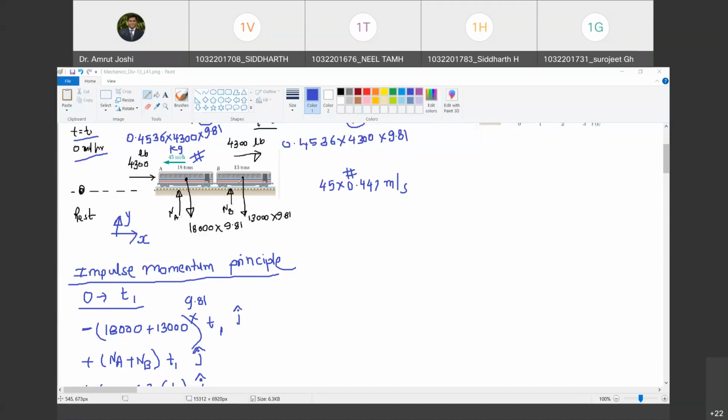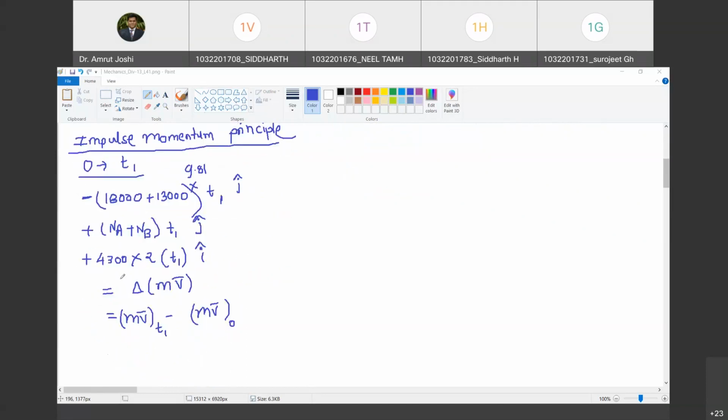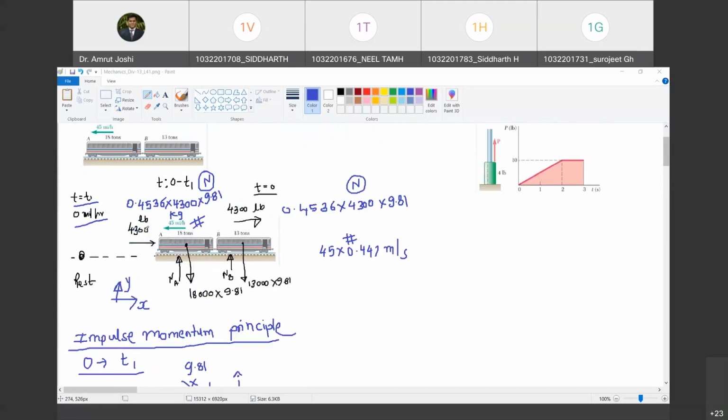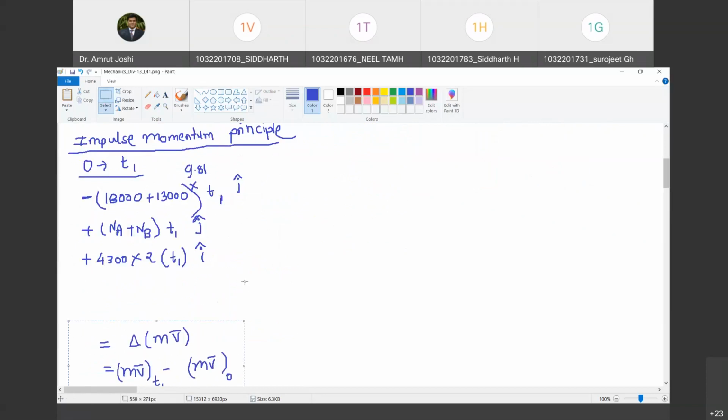So now this NA and NB. So what is the impulse of NA and NB on time T1? So NA plus NB into T1, and it is in upward direction. So therefore plus J cap. Do you agree with me? Now, what is the impulse of 4300? So it is 4300 into 2 because we are going to have two forces. Then we will have to invoke these factors, so multiplied by 0.4536. Are you with me? So let me write down that.